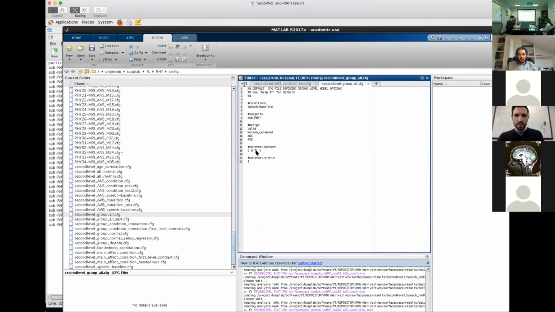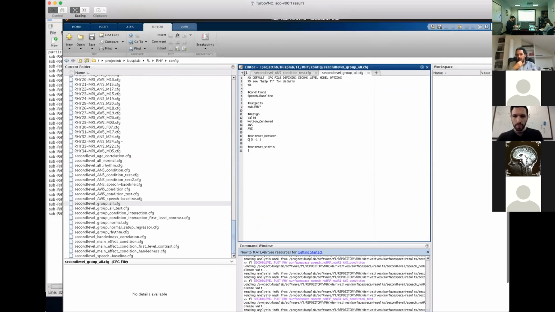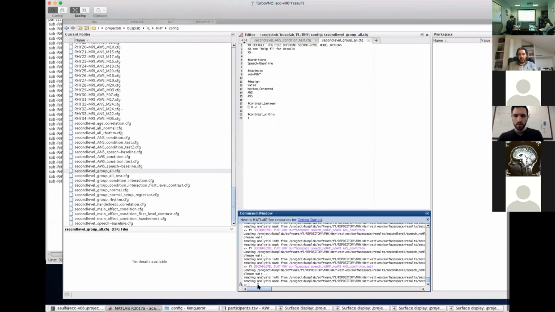That's valid motion, the difference between the two groups, that's perfectly fine, right? And that's for the speech minus baseline, right? Yes. Yeah, that should work fine as well. That should be the same as what you were getting before with a valid motion and just one group and doing the 001 contrast.